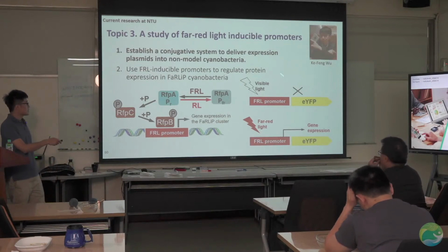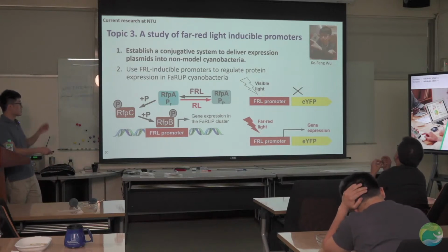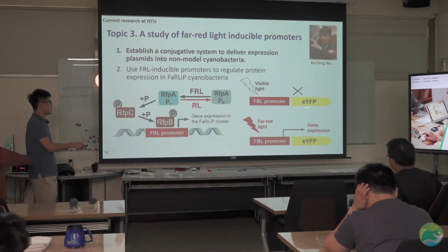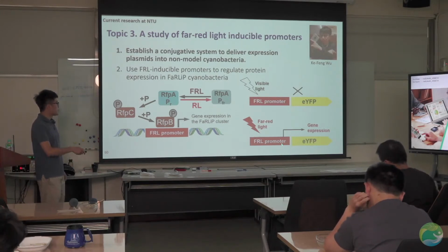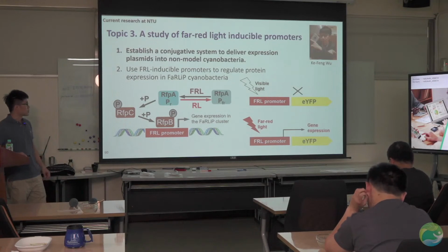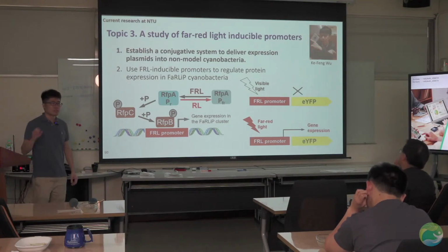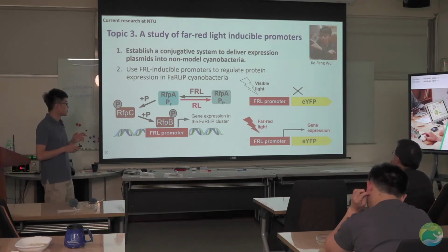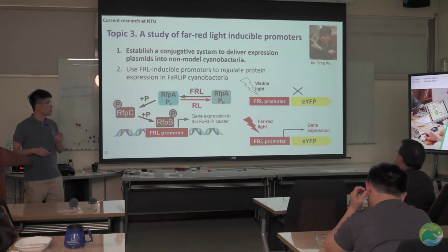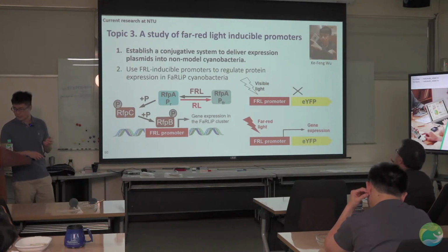We're trying to make that into a synthetic promoter by fusing it with a reporter gene, YFP. If we can do that, we can control gene expression by providing different light spectra or different light intensities, which would be pretty useful from the view of synthetic biology.